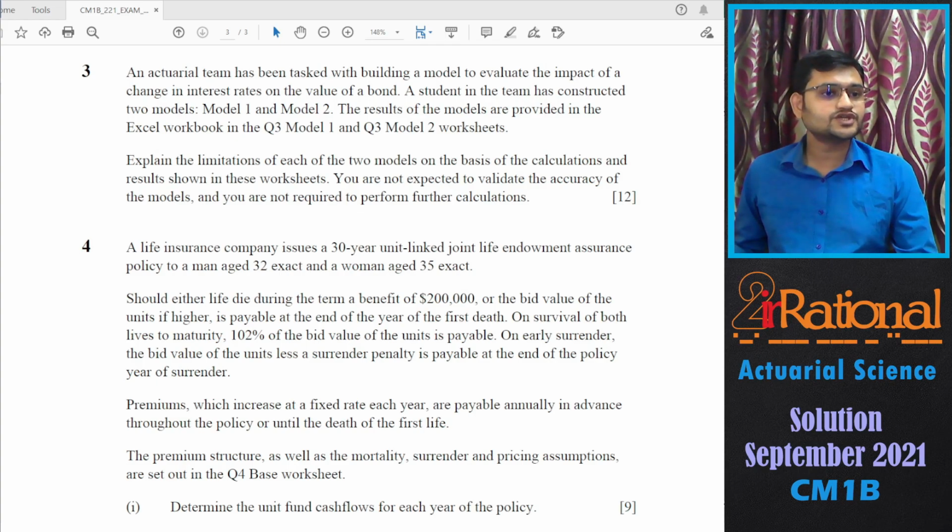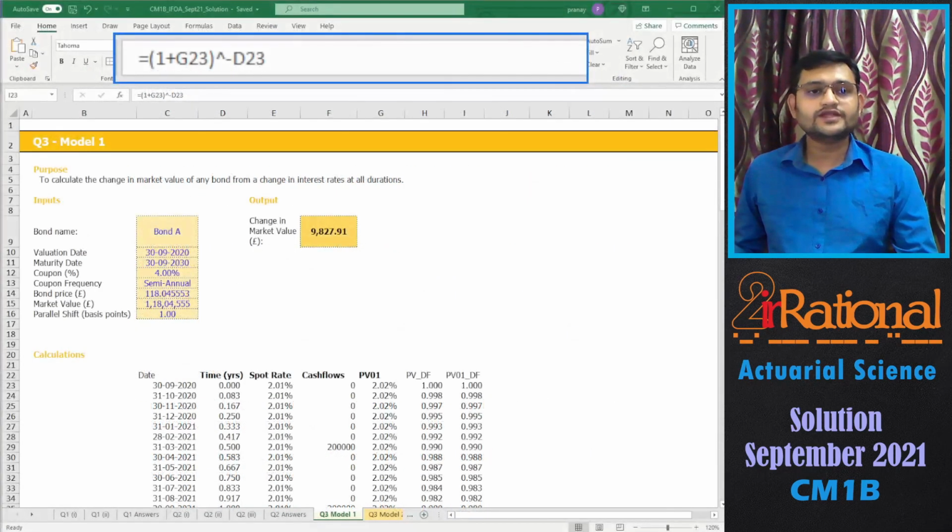Explain the limitations of each of the 2 models on the basis of the calculations and the results shown in these worksheets. You are not expected to validate the accuracy of the models, and you are not required to perform any further calculations. So we just have to comment by looking at these models.